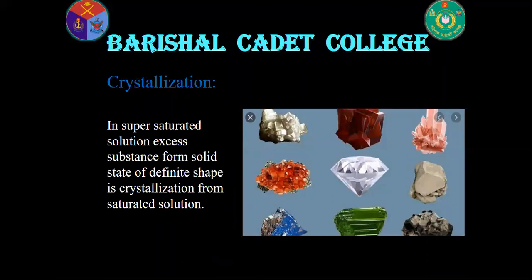Crystallization. A crystal is a solid with a definite geometrical structure. In a supersaturated solution, excess substance forms a solid. It has a definite shape, that means it has a definite geometrical figure. It's called a crystal. Sodium chloride forms crystals of octahedral shape.